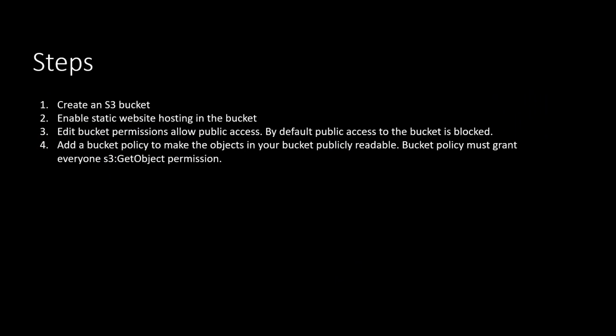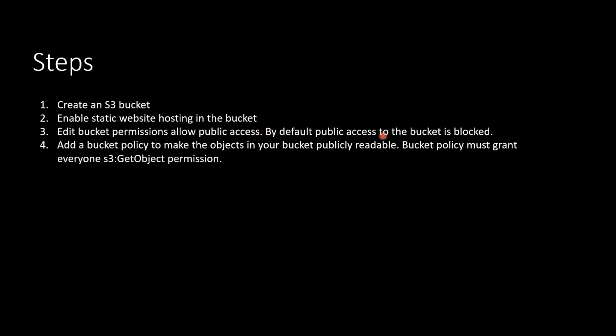So these are the steps that we would be following in this video. First of all, we need an S3 bucket where we will host the static pages of our website, and then in the S3 bucket we need to enable static website hosting. Then we need to edit the bucket permissions to allow public access.